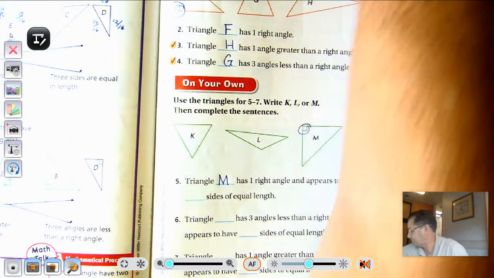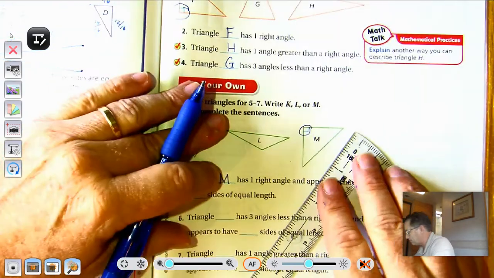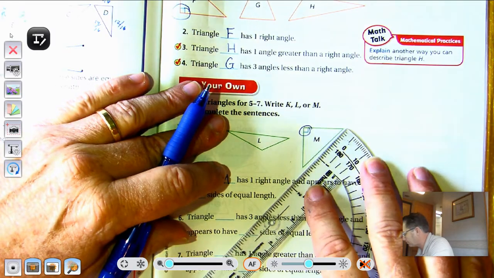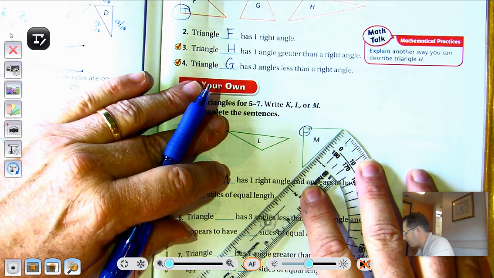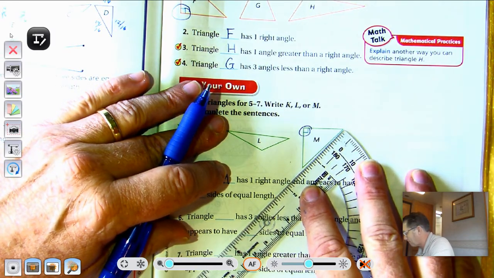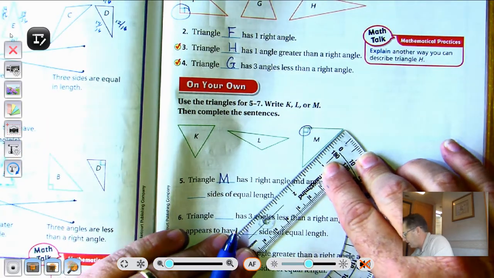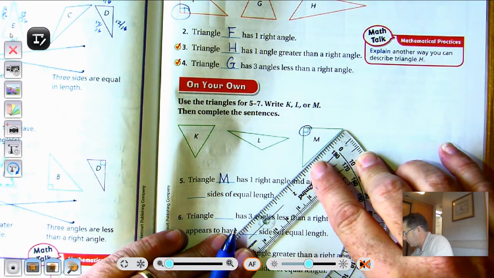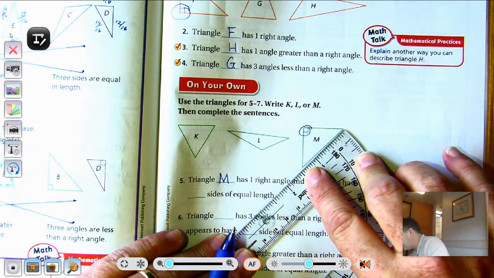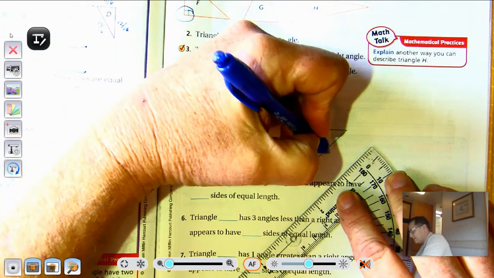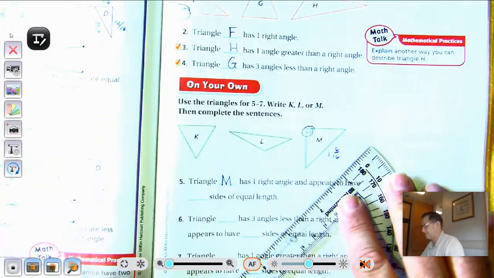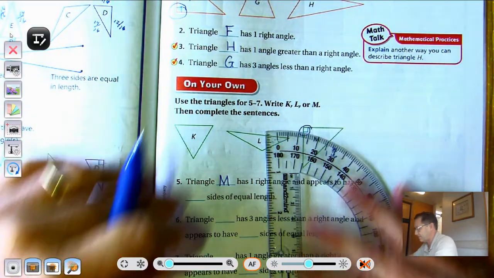Well, let's check. So it's greater than 1. It goes 1, 2, 3, 4, 5, 6, about 1 and 6/16 for that line.